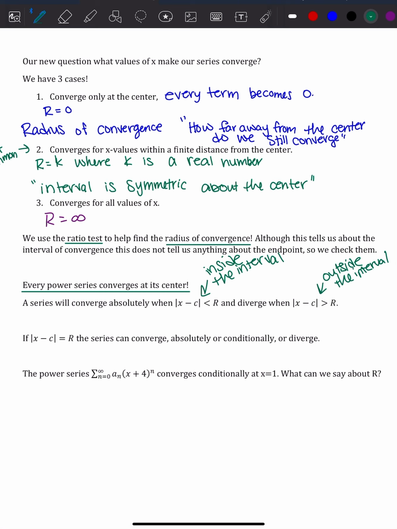If the absolute value of x minus c is equal to r, the series can converge absolutely, converge conditionally, or diverge. And this is talking about the endpoints, and like I said, we have to test each endpoint.